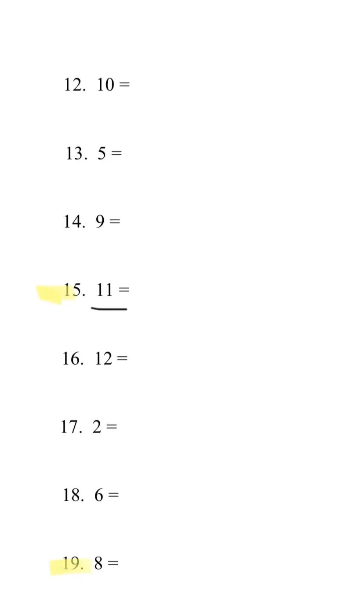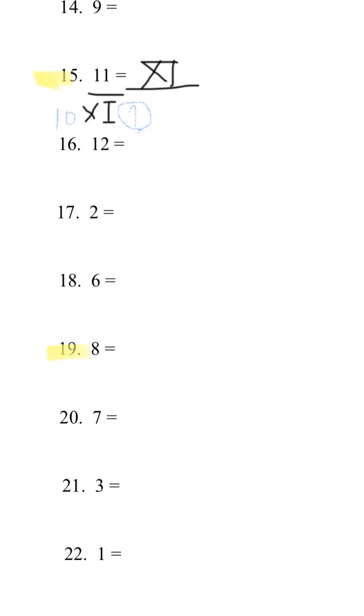So 11. Well, what do we need to get 11? We need an X and an I, right? Since that's 10 and a 1, right? And then make sure the smaller number comes on your right to add it. So it can be XI, okay? And then number 8. Well, what do we need?